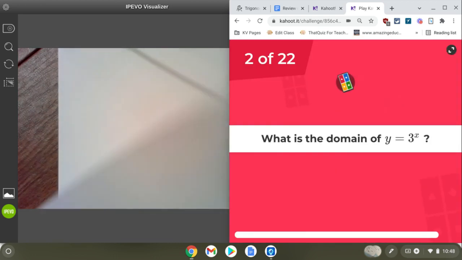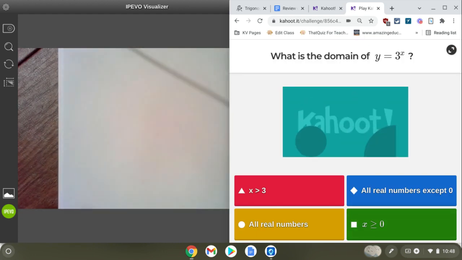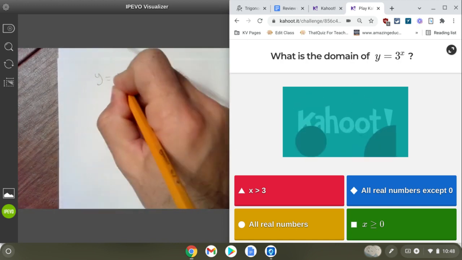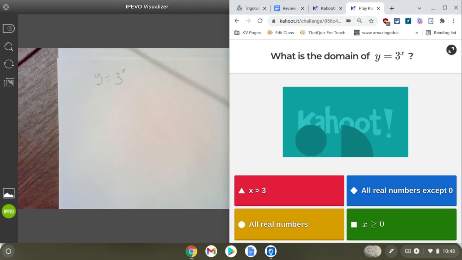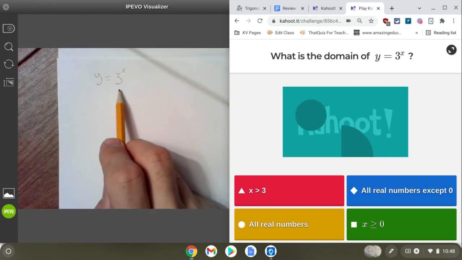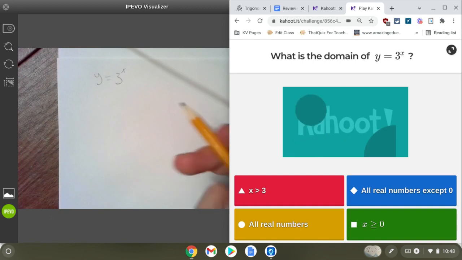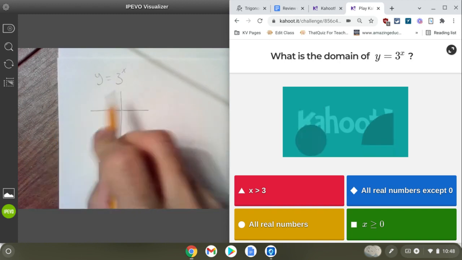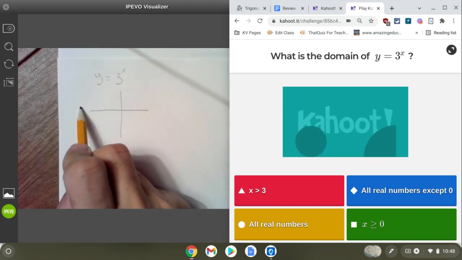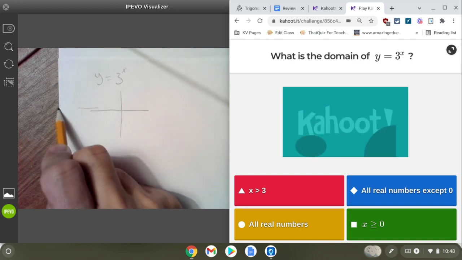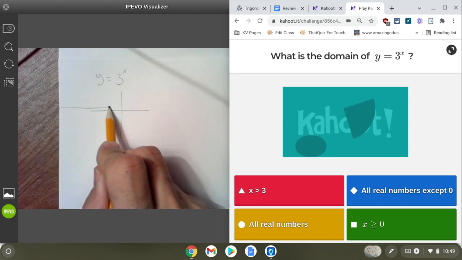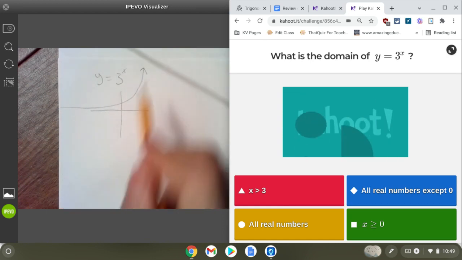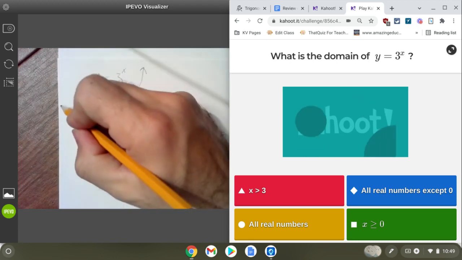All right, the domain. The domain is the numbers that you are allowed to plug in for x. It's also how far left and right the graph goes. So you do need to be familiar with what the graph looks like and the general domain of exponentials. The graph for the kind that display exponential growth has a straight line here, which is our horizontal asymptote, and then it's going to spike and start growing exponentially as x gets bigger and bigger.